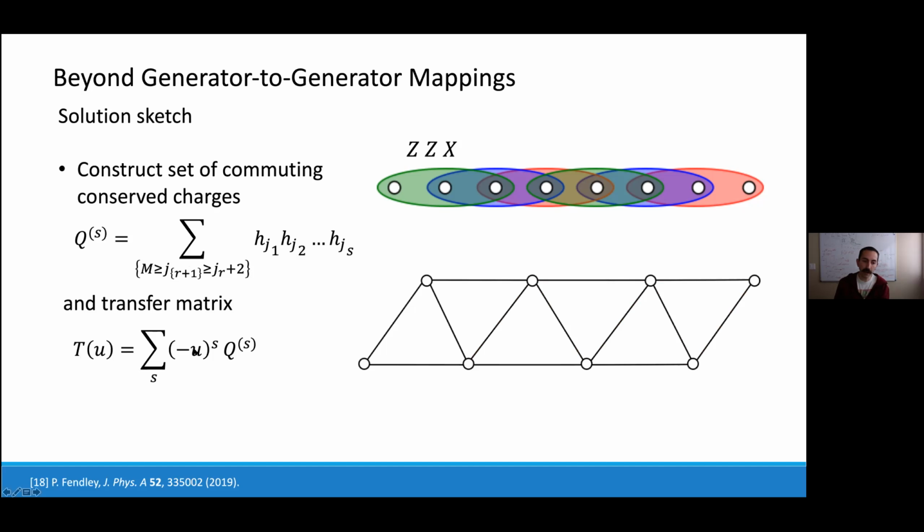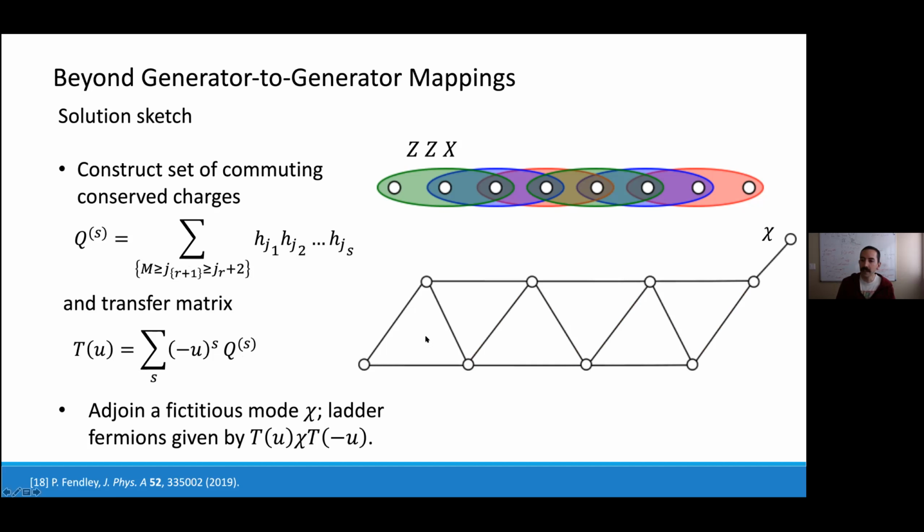So this is like a polynomial in u that takes values over these conserved charges. He added one extra fictitious mode, which you can think of as a bit like a vacuum. And then he acts on this fake mode by the action of this transfer operator to generate sequentially, like a ladder operator, the rest of the fermions in the spectrum, okay?